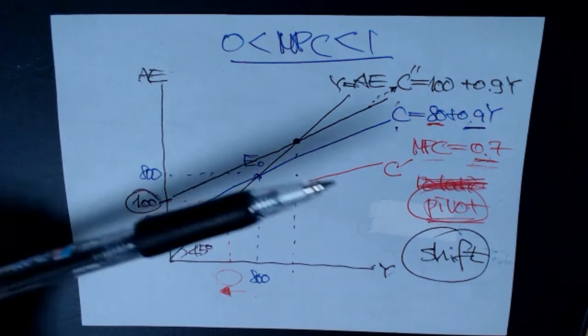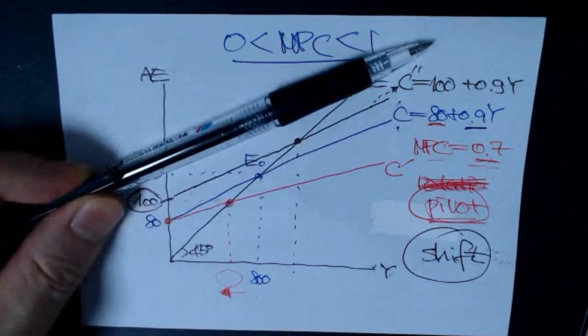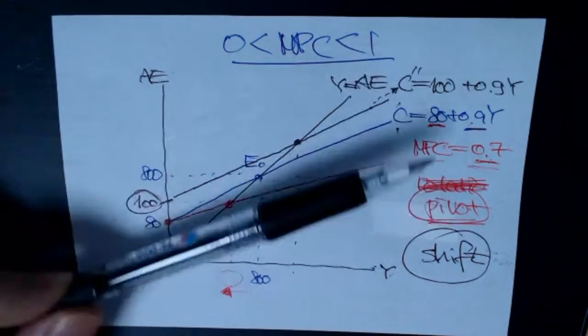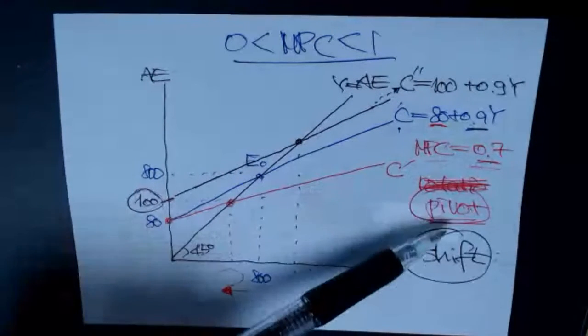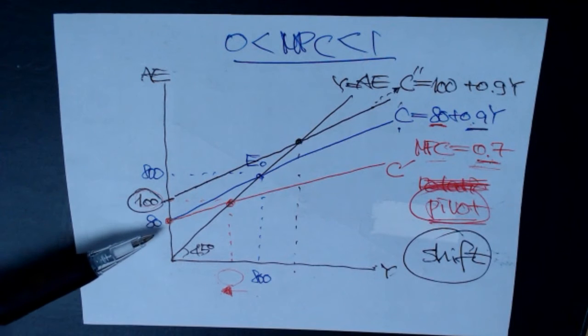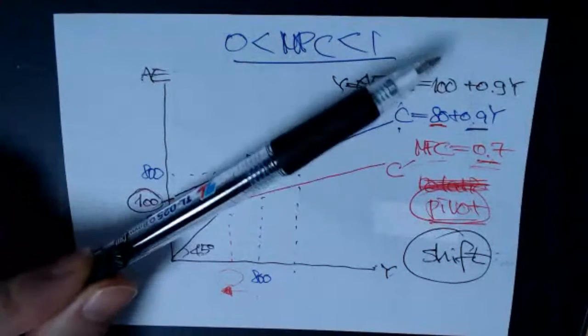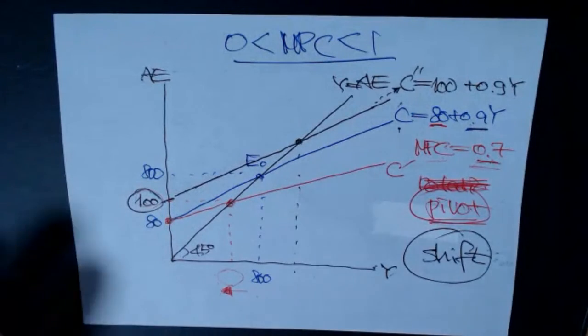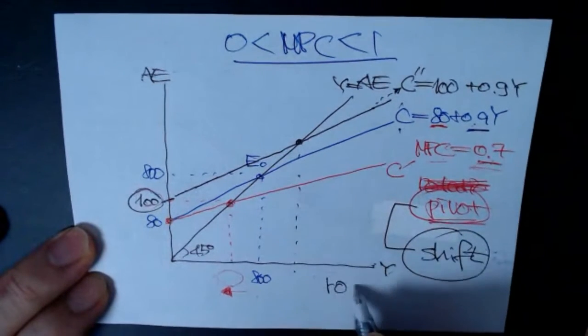So shift of the consumption function means that, without changing the slope, it moves up and down. Same slope, up and down. Pivot means that without changing the starting point, just the slope will change. If these two things are combined, we call it rotation.